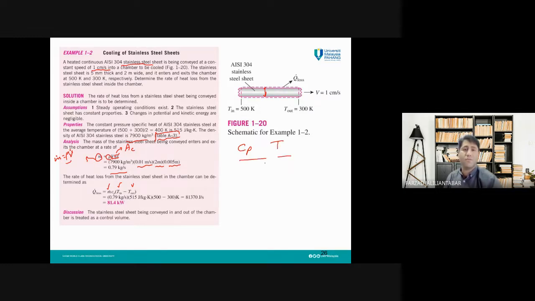If you remember from thermodynamics, we had these, for example, 10 degrees Celsius, 20 degrees Celsius, and Cp in joule per kilogram Kelvin, for 10, 20, 30, and so on. We have Cp, for example, here, 515 for the 400 Kelvin temperature.